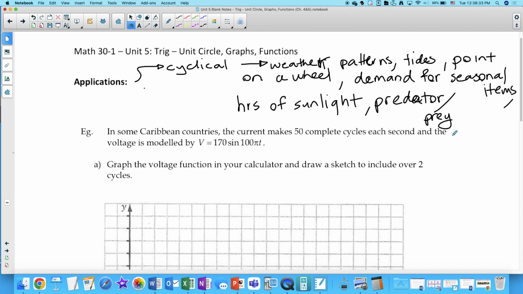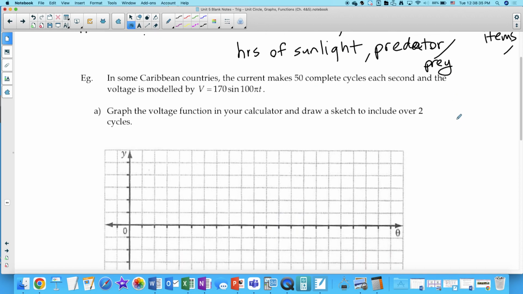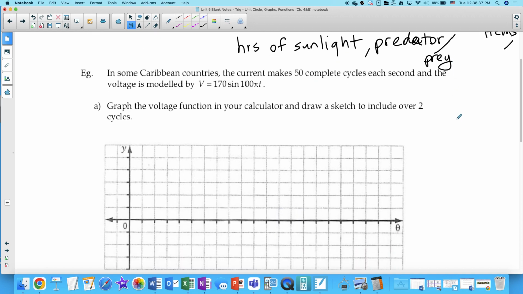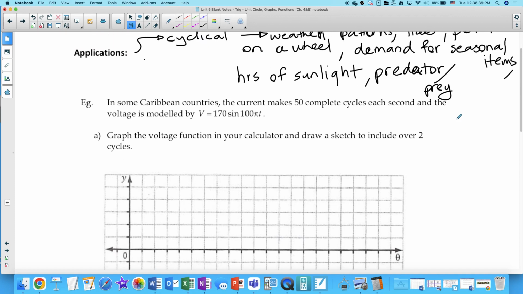But today we're basically going to be looking at various applications and trying to connect the application to the equation, right? So how do different things that happen in this application show up in the equation? And that's sort of the goal for today.